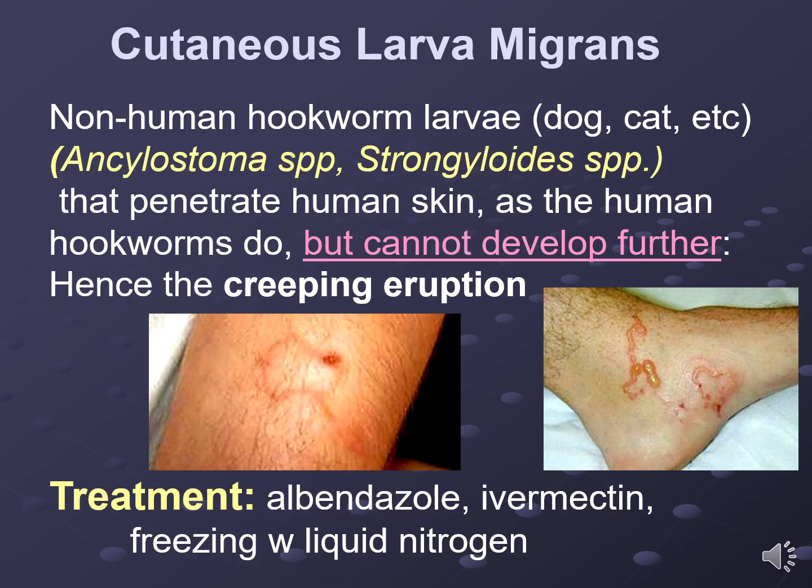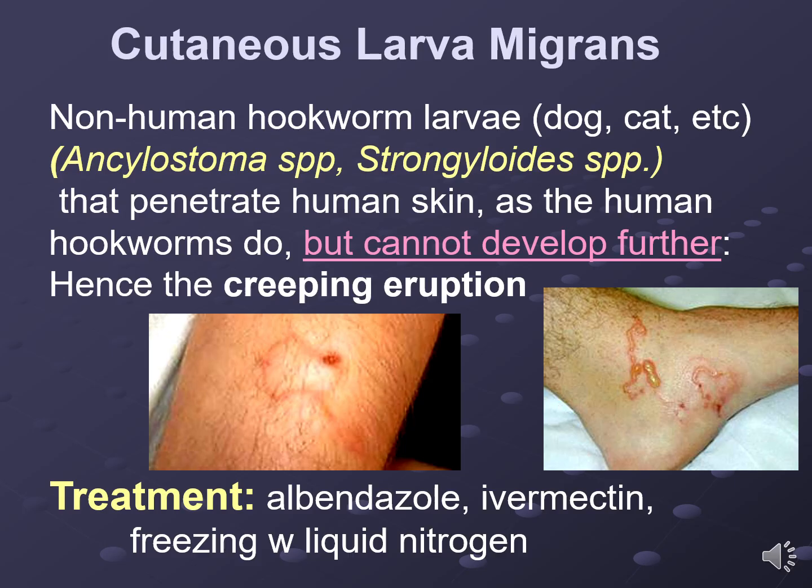Cutaneous larva migrans. I think that you can guess it now. Here we have the larvae of non-human parasites, like Ancylostoma species other than Ancylostoma duodenale, and Strongyloides species other than Strongyloides stercoralis. Those are animal parasites. So the filariform larva of those animal parasites on the ground, whenever it penetrates into the skin of humans, does not know how to find the blood vessel and go into the circulation like the hookworms do.